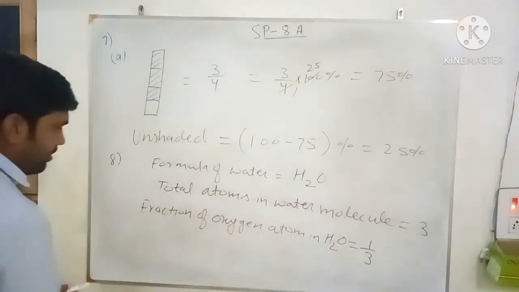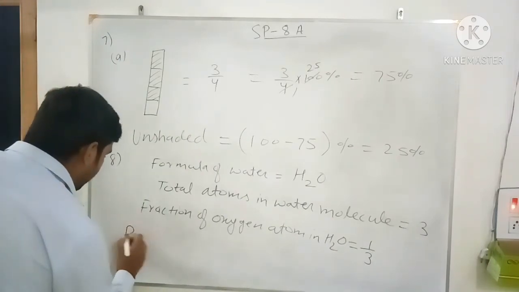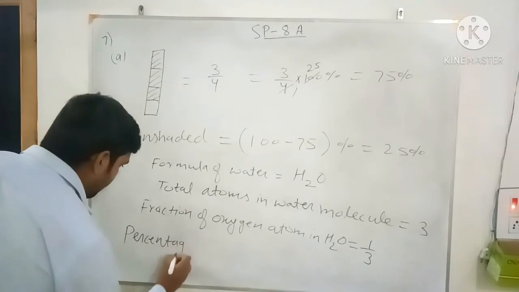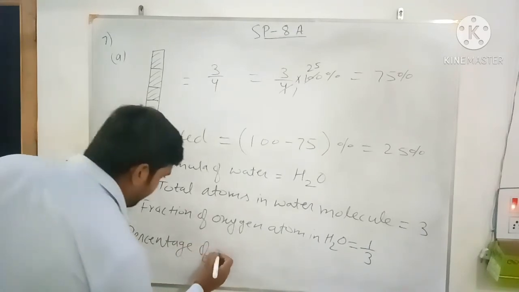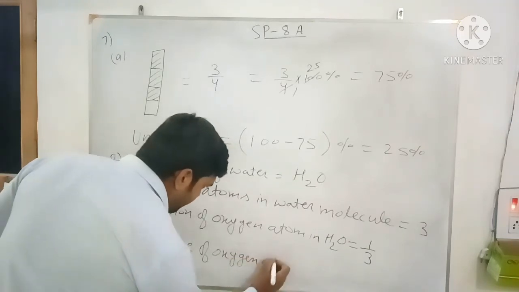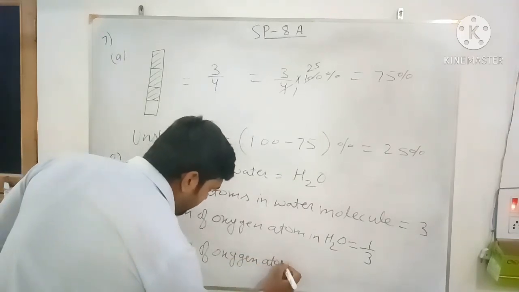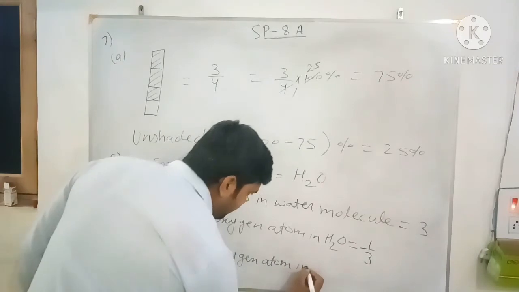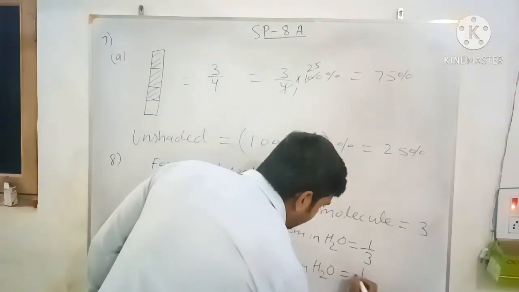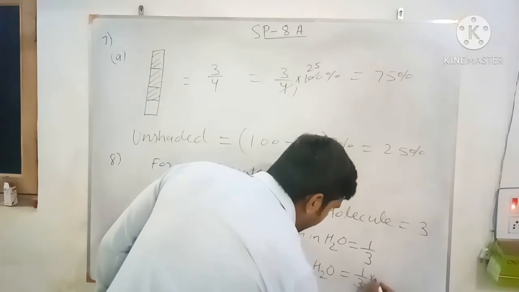Now percentage of oxygen atom, what do we write? Percentage of oxygen atom in H2O in water equals, multiply the fraction by 100.